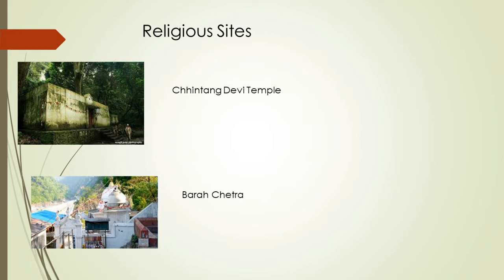Some of the important religious places you can see there: Barahakshetra, Chintang Devi Temple, Pathibhara, and Halesi Mahadev. These are some very important religious places.